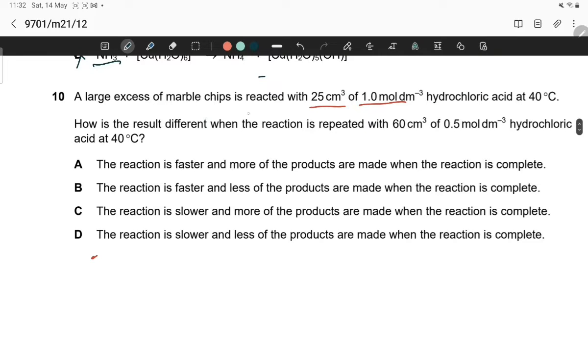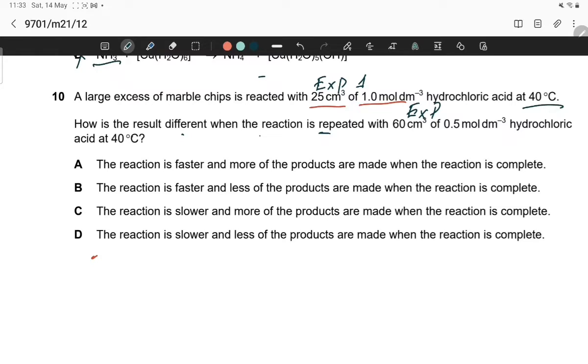A large excess of marble chips is reacted with 25 centimeter cube of 1 mole per dm cube hydrochloric acid at 40 degrees centigrade. How is the result different when the reaction is repeated? There are two experiments, experiment 1 and experiment 2. In both cases, large excess of marble chips is reacted.